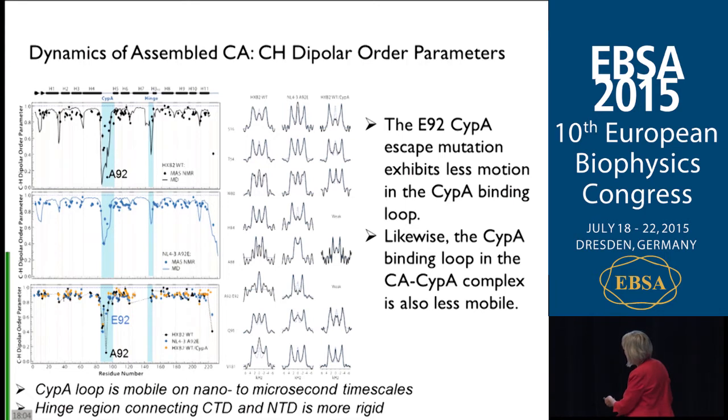And what was interesting to see, if you look at the order parameters for this particular A92 to E92 mutant, you can see that the mobility, which was very, very high in the native wild-type capsid, is now attenuated to a large degree. What was even nicer to see is when we look at the motion in the cyclophilin-capsid complex, that is to say, we assemble capsid, we add cyclophilin, again, we see attenuation of motion.